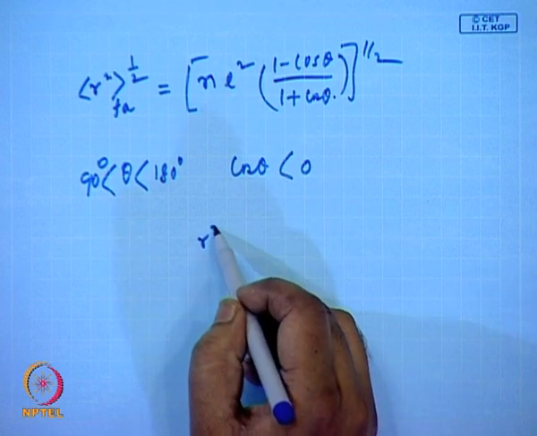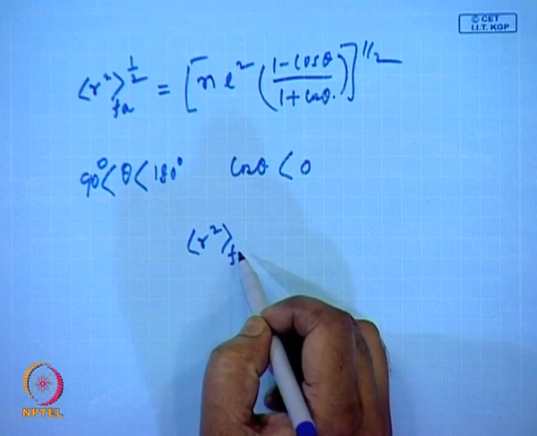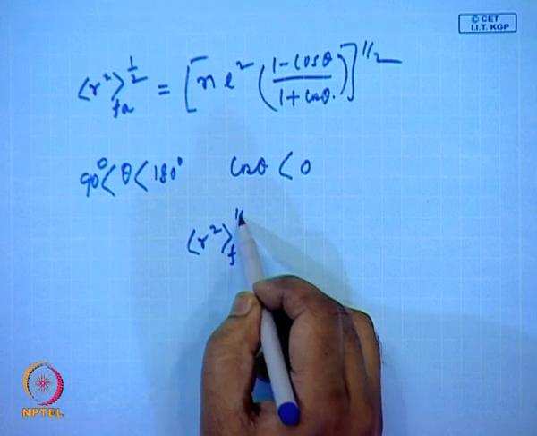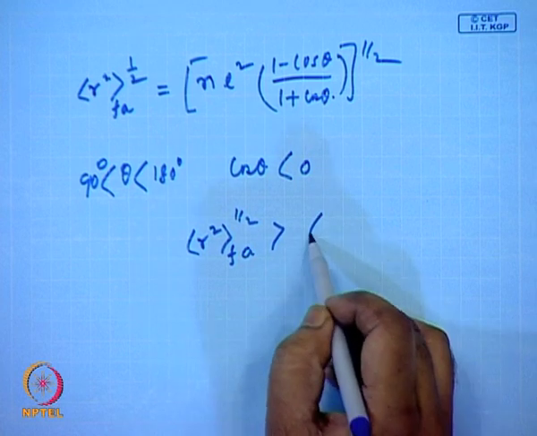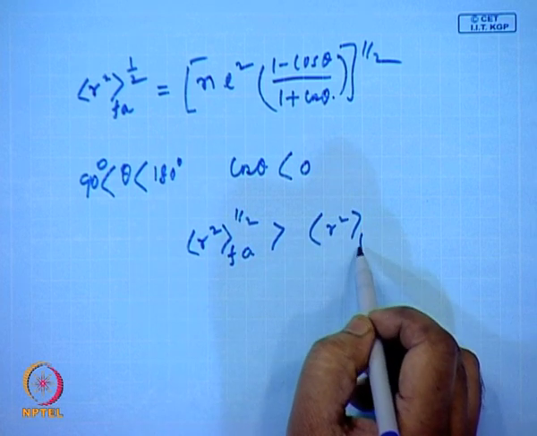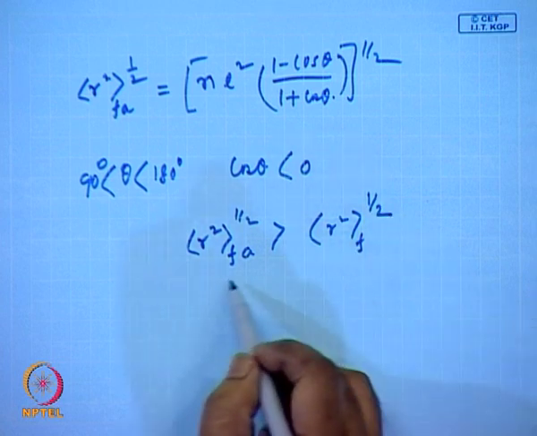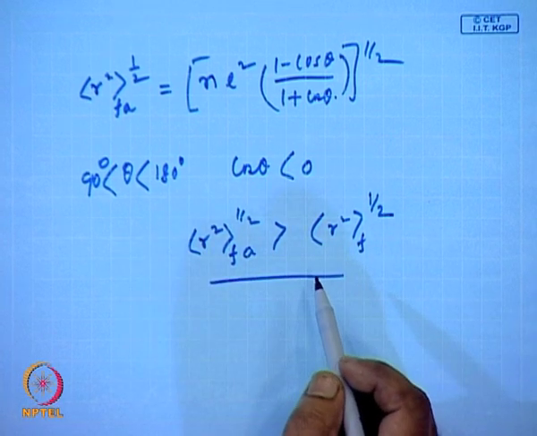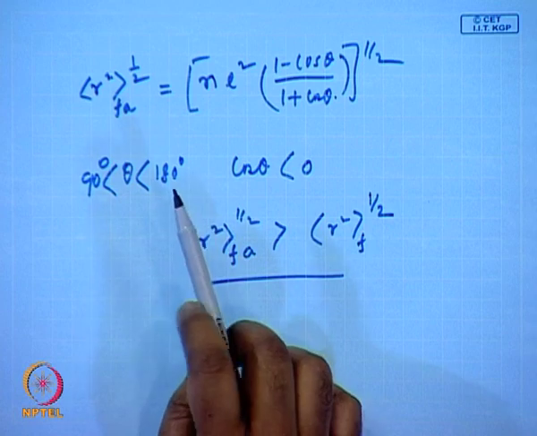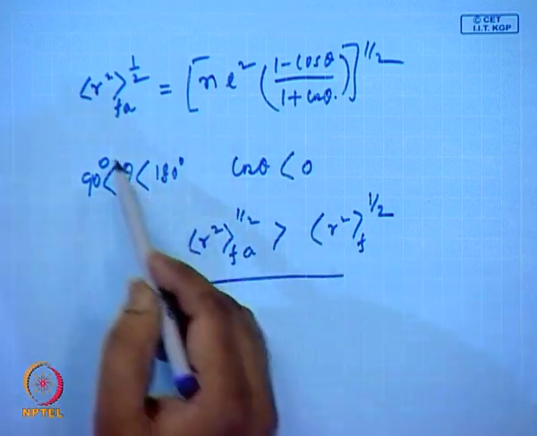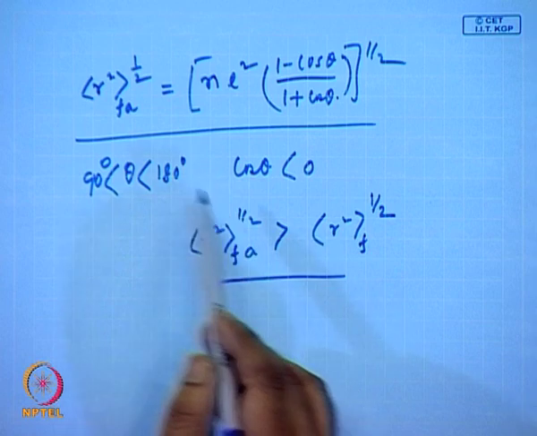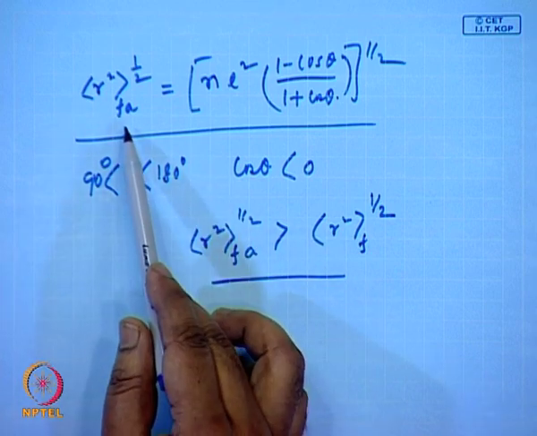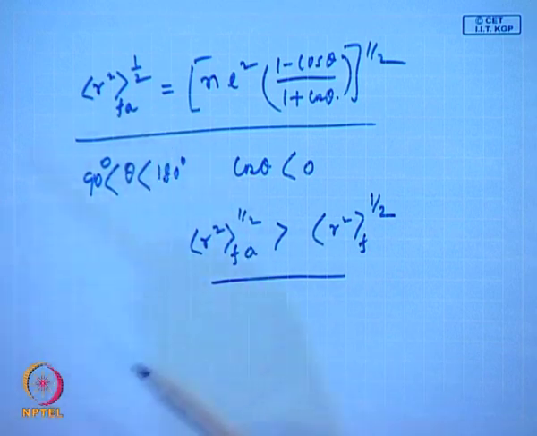Obviously, r square FA would be greater than r square freely rotating, which we have just seen. So this is the expression which we now got from the bond angle restriction. In the next lecture, we will impose the second restriction and see how this dimension changes.